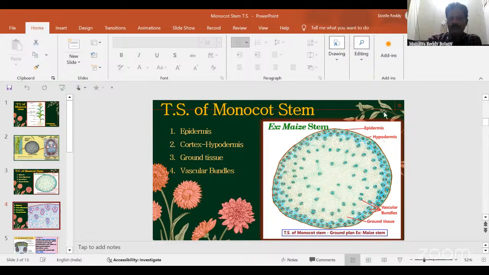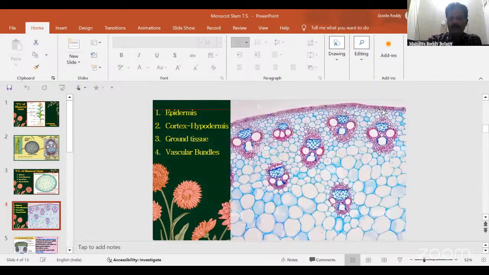Few layered sclerenchymatous hypodermis is the key feature of monocot stem. It provides mechanical support. Rarely in some monocot stems you can find patches of chlorenchyma. Because of the presence of chlorenchyma, it carries out photosynthesis. Generally, it provides mechanical support.